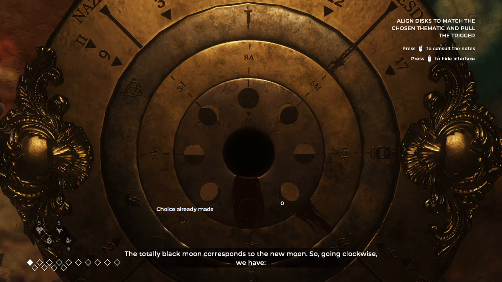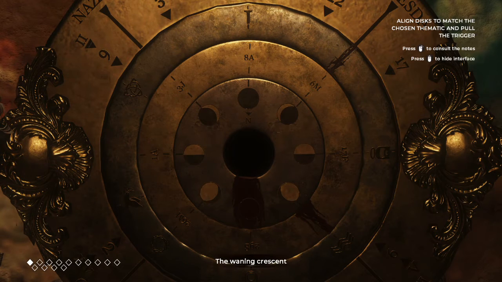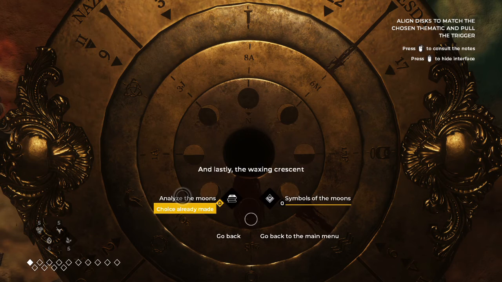The totally black moon corresponds to the new moon, so, going clockwise, we have the waning crescent, the last quarter, the waning gibbous, the full moon, the waxing gibbous, the first quarter, and lastly, the waxing crescent. Okay, so I'm right.